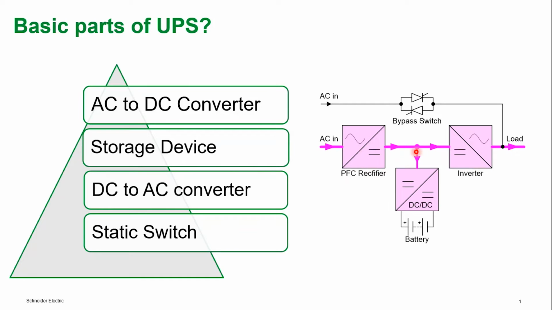After the DC starts charging the batteries, the battery holds the charge, and whenever there is a power cut, the battery starts providing power to the inverter section. So why do we need an inverter section? It's an electronic component which converts the DC current to AC current, that is, direct current to alternating current. The load means whatever equipment we connect at the output of the UPS, either a server, a computer, or any machine.